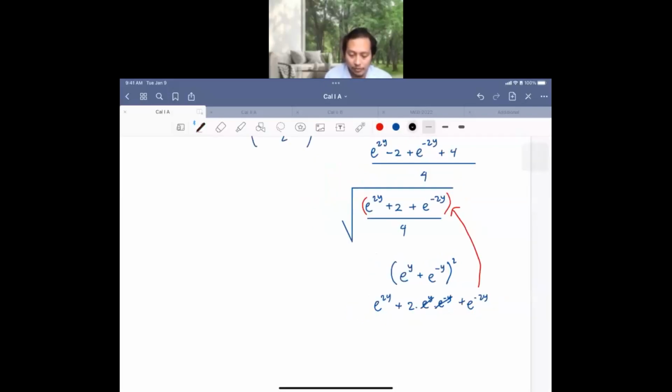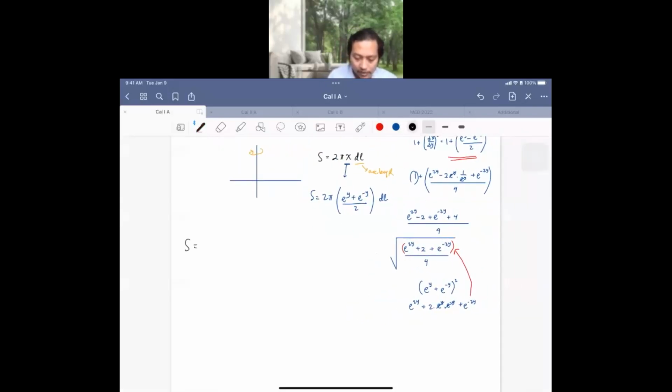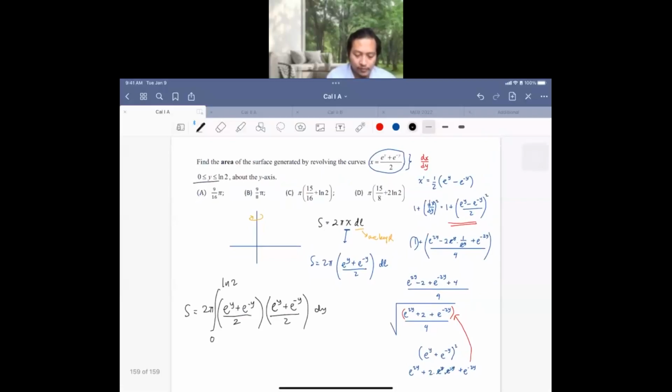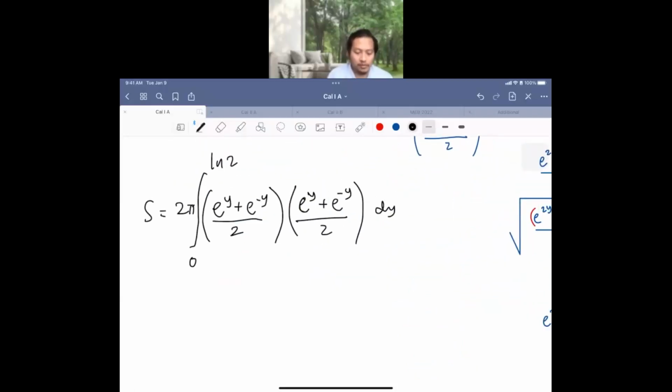So we could write the surface area as 2 pi, e^y plus e^negative y over 2, and the square root result is e^y plus e^negative y over 2, right? And then dy. And we still have the integration from 0 to ln 2 for this y, right? Now, I think we just solve it as usual.